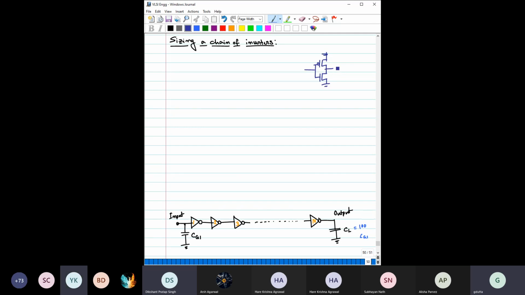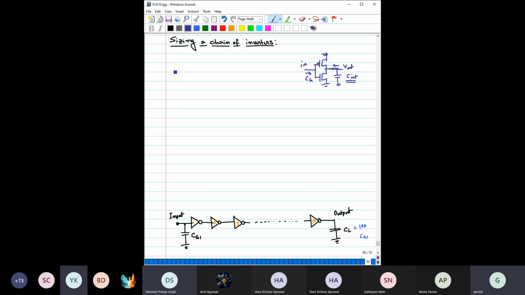We have seen that it will have some intrinsic capacitance due to self loading. This is connected at the output node, and if you see from the input node, it has some gate capacitance as well as the overlap capacitance. So let us say if we are seeing from the gate, this is Cg. And if you are seeing from the output node, with no external load connected, then you will also see a capacitance which is C intrinsic, due to the self loading.